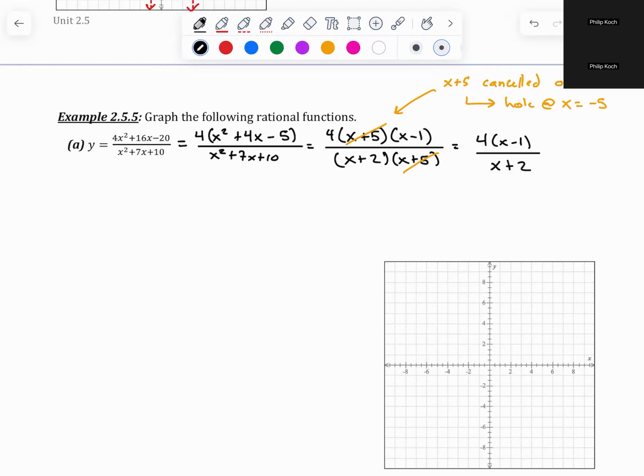So the domain comes from: you need x squared plus 7x plus 10 to not equal 0, which we already factored to x plus 2 times x plus 5 cannot equal 0. So that gives us that x cannot equal -2 and -5.